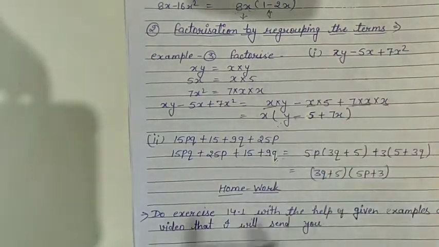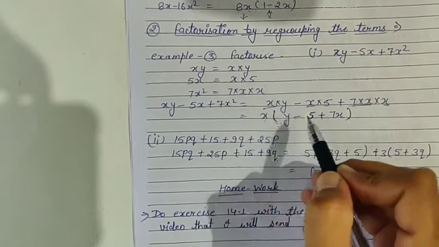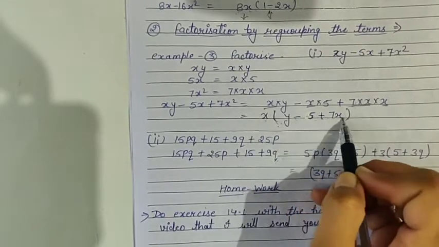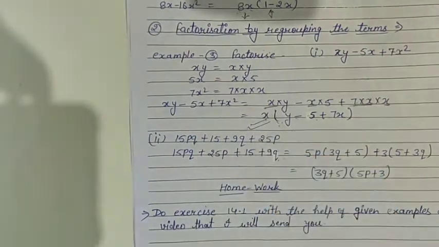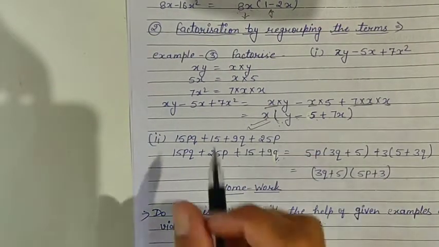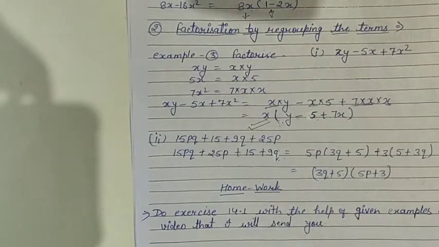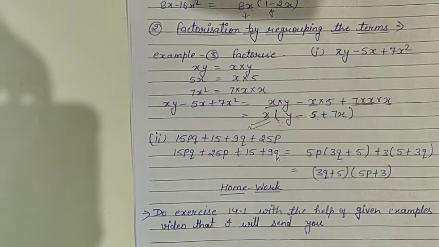So x bracket y minus 5 plus 7x. Okay students, so this is the factor form of xy minus 5x plus 7x square by regrouping the terms.